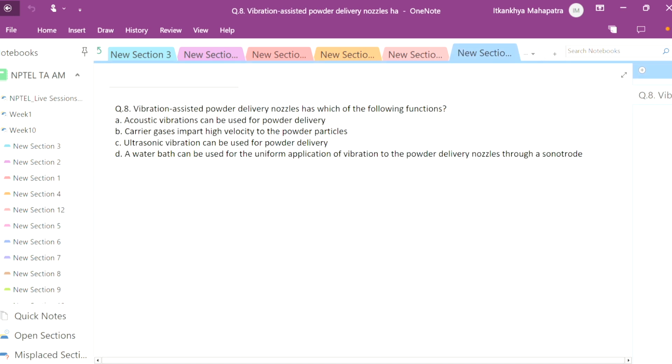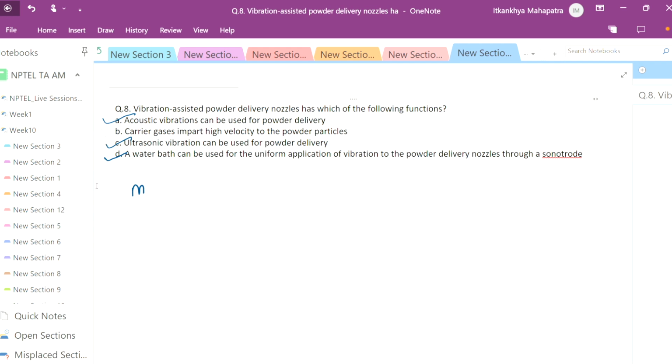Now, next, vibration assisted powder delivery nozzles have which of the following functions? This is pretty simple. Vibration systems use mechanical vibrations to transport granular material. Acoustic vibrations can be used, ultrasonic vibrations can be used, and a water bath can be used for the uniform application of vibration to the powder delivery through a sonotrode.